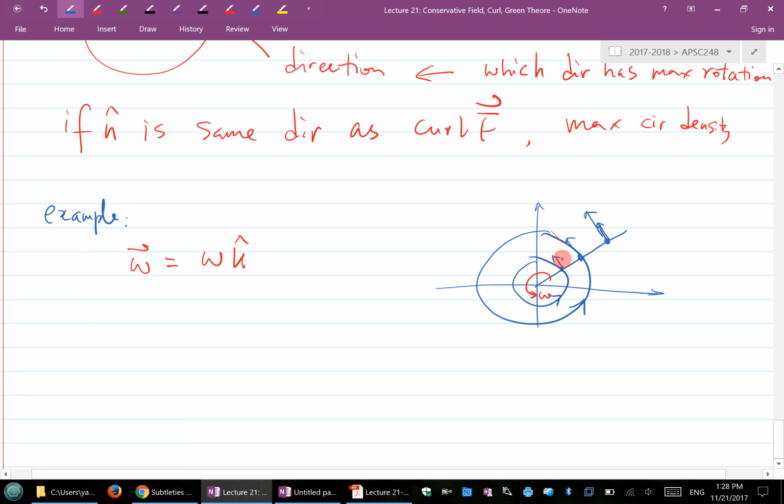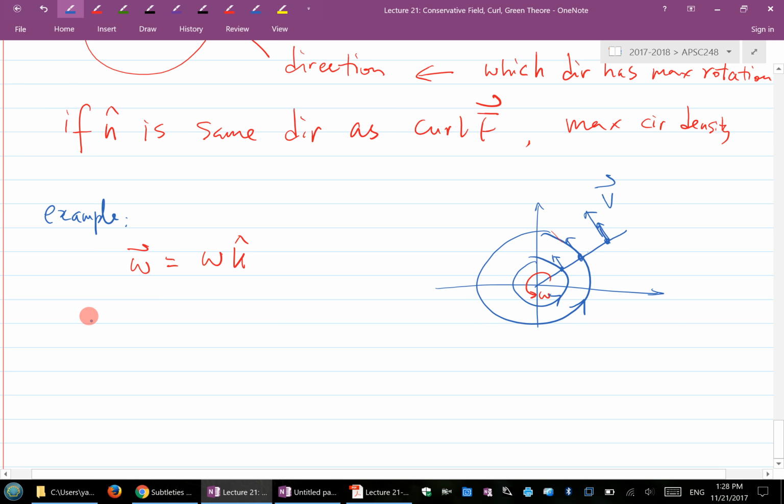We can sketch out this velocity field because it's flowing. The velocity indicates the direction of flowing, and it's tangent to the circle right here, of course. So that's your velocity field. Let's calculate the velocity field first, and then calculate the curl, and I'll explain a little more on the curl again.